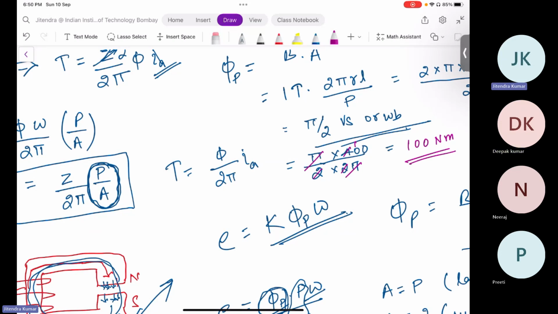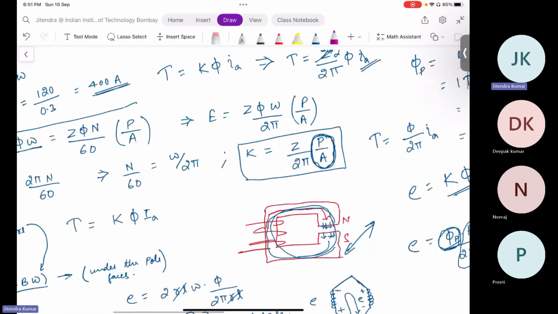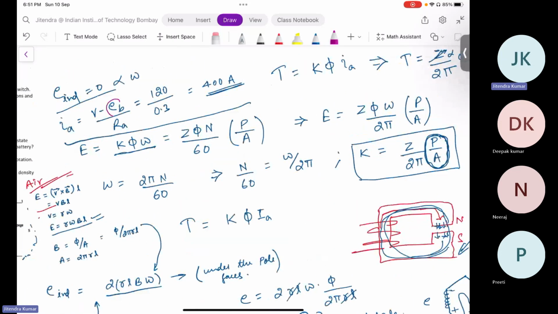At this instant, your current is 400 amps. Why is it so important to compute this starting torque? Because as your rotor starts rotating, your EMF will increase with speed. So here you see this Eb. As your Eb increases, your Ia will reduce, and since your Ia will reduce, the torque will reduce.